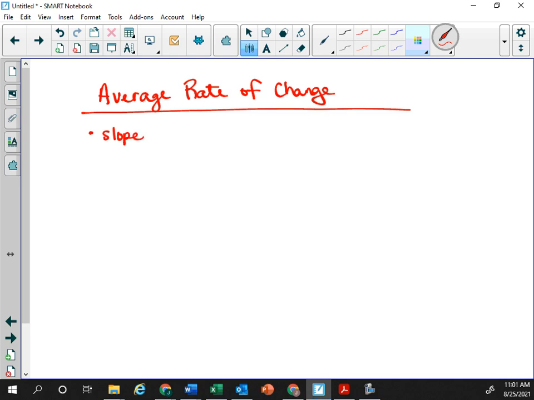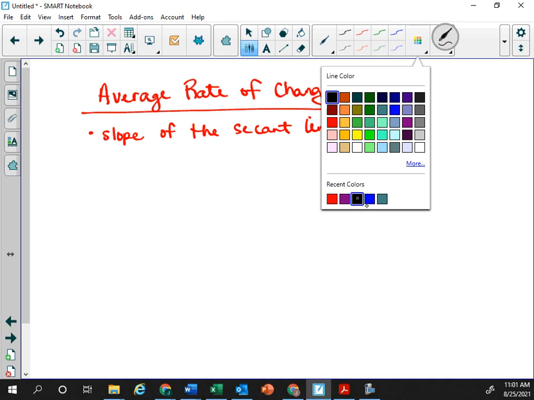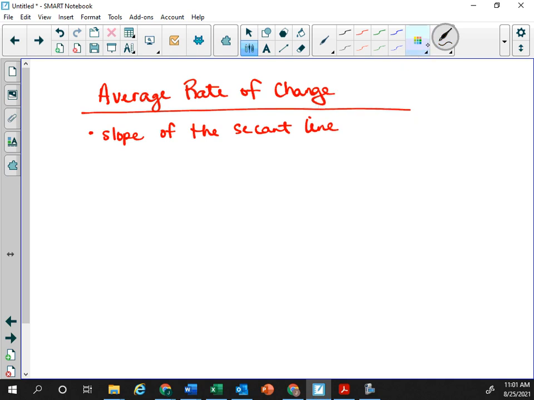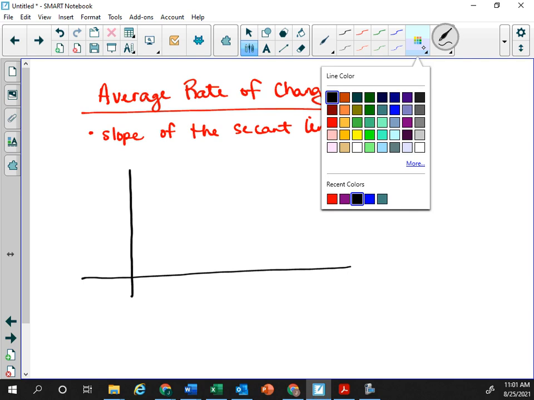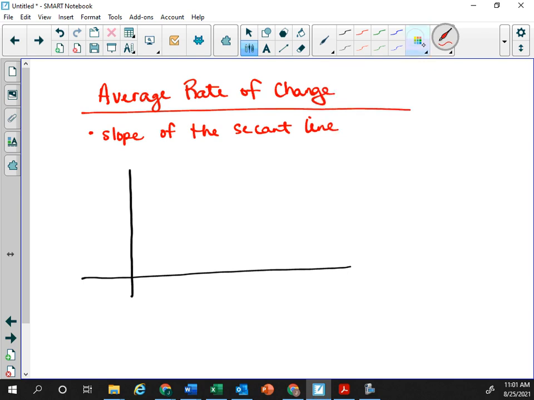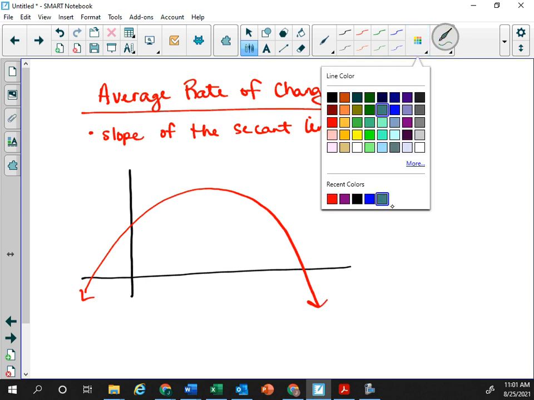Average rate of change is just the slope of the secant line. Let me draw a picture for you. So there's my lovely graph.